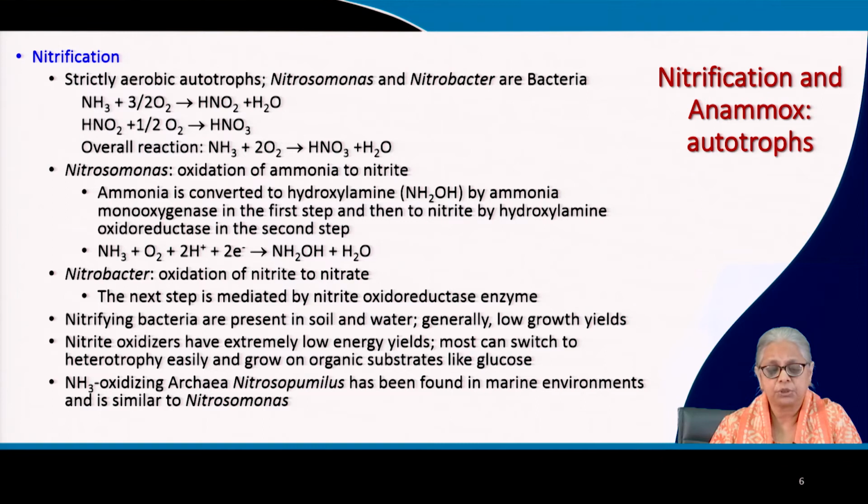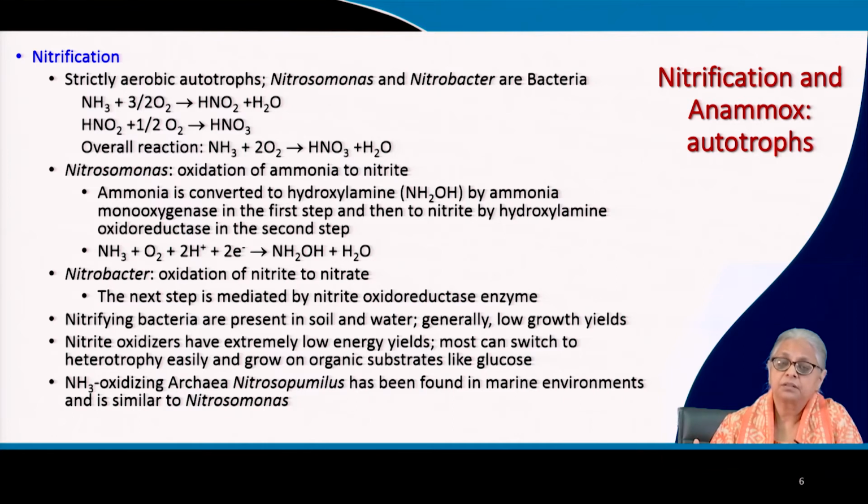So the first step is shown over here. Ammonia plus oxygen plus 2 protons plus 2 electrons will go to hydroxylamine. This hydroxylamine is then converted by the hydroxylamine oxidoreductase enzyme to nitrite. So that is the first thing. Then we come to nitrite. Nitrite has to be converted to nitrate, and that is done by Nitrobacter.